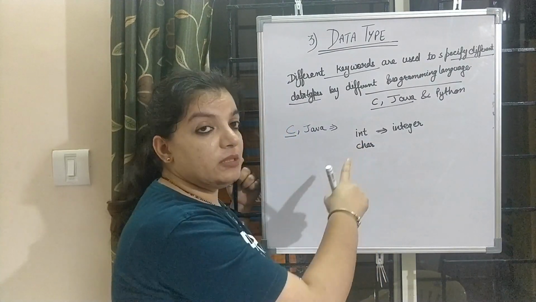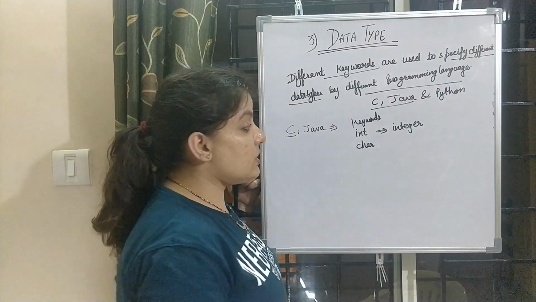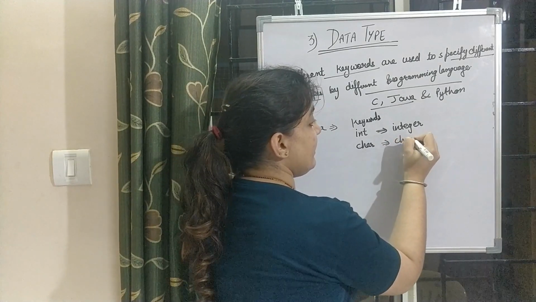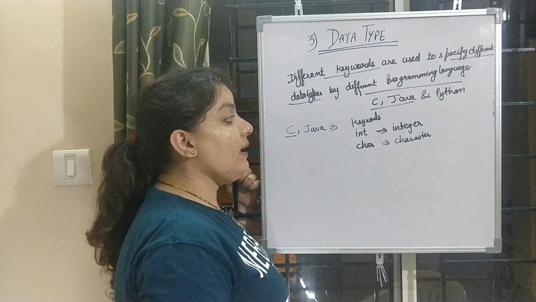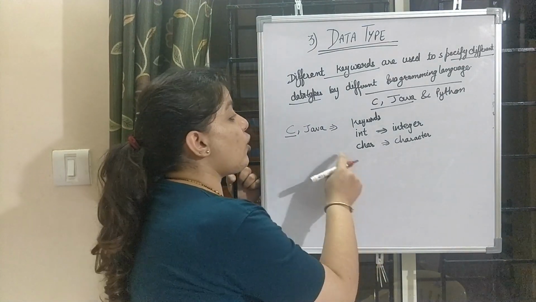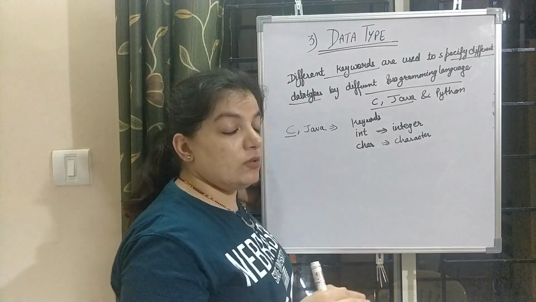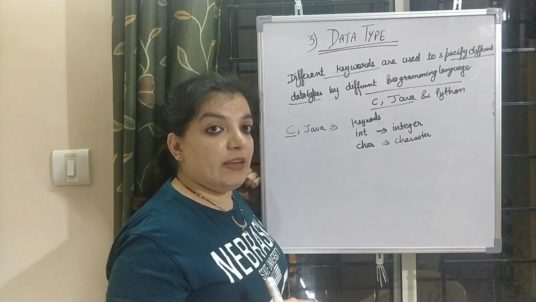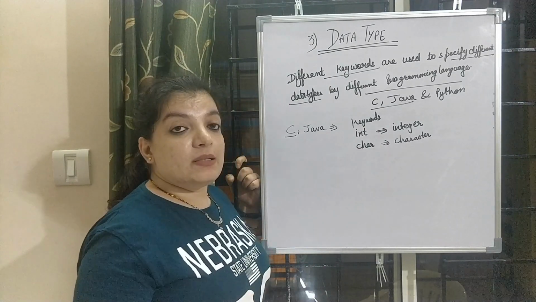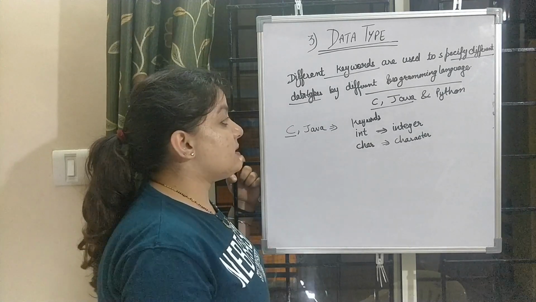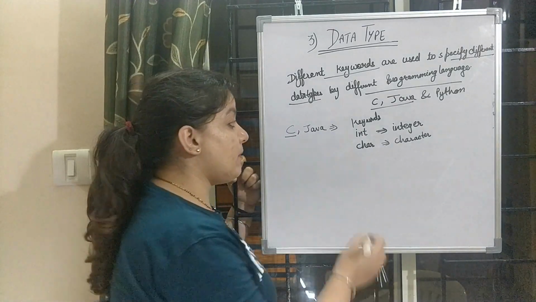The char keyword is used to specify character data type. This is common in both C and Java. So C and Java both support some common keywords to specify the different data types. But Java has some additional data types also. Now we will discuss what common keywords are used by both C and Java.